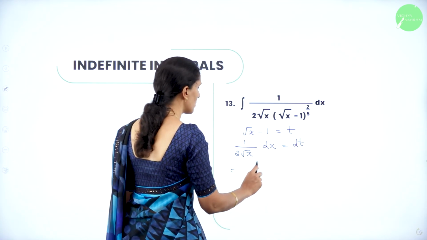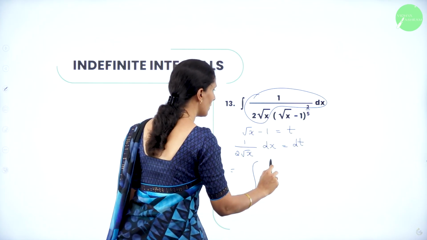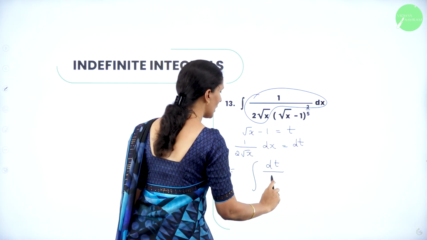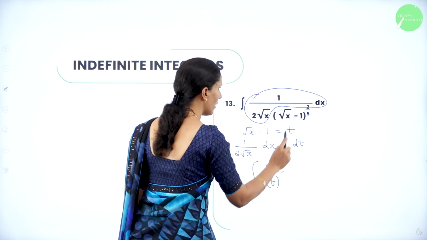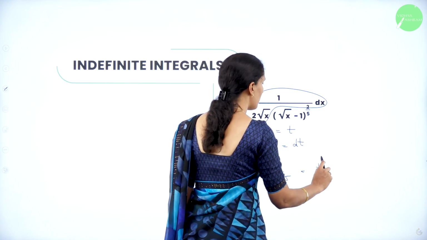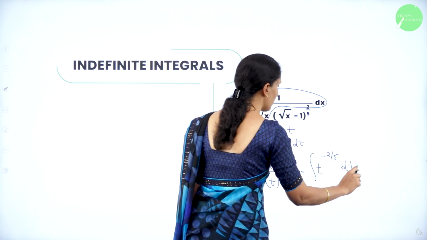Replace the values. 1 by 2 root x into dx can be written as dt, and root x minus 1 to the power 2 by 5 is t to the power 2 by 5, which becomes t to the power minus 2 by 5 into dt.